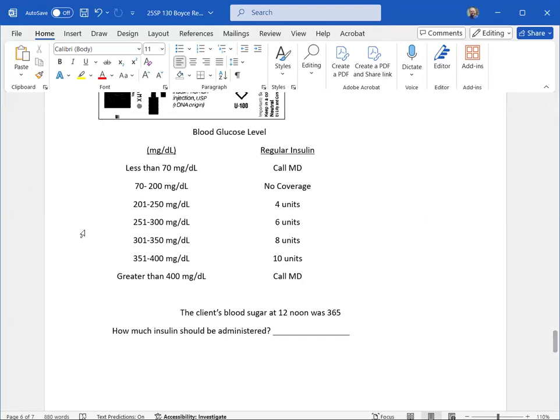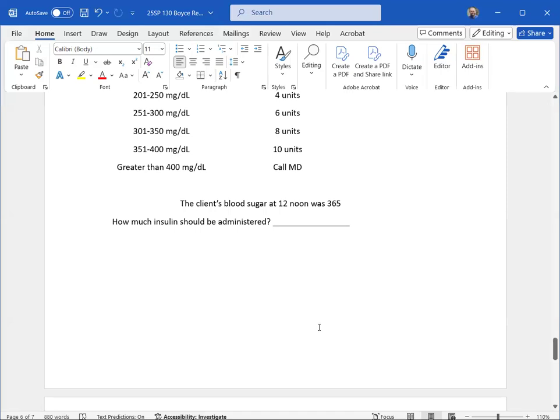So we look at the range for the different units as far as blood glucose levels, and we see that the 365 is right here in the 351 to 400 milligram per deciliter range. So we're going to give this patient 10 units of insulin. You just write how much insulin should be administered. The answer would just be 10 units. Okay. I'll just write that in here. 10 units.